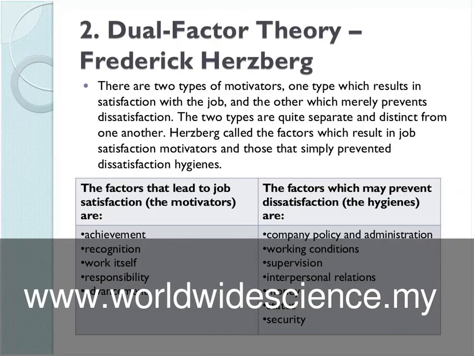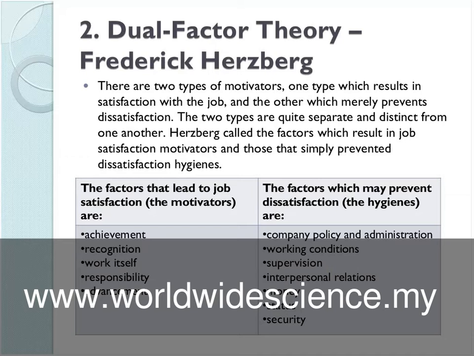Here we have the dual factor theory, which was provided by Frederick Herzberg. And here there are two types of motivators. He says we have two types of motivators. One results in satisfaction with the job, and another one merely prevents dissatisfaction with the job. So the two types are quite separate and distinct from one another.